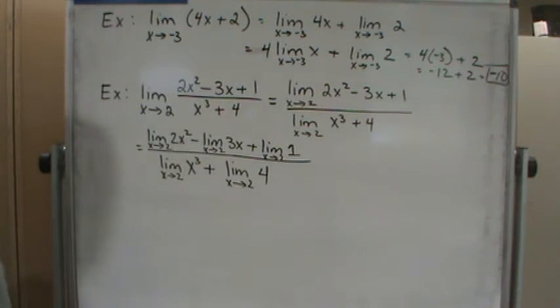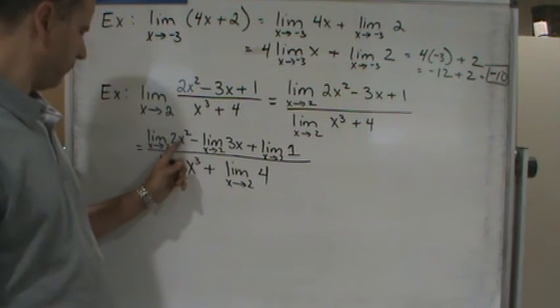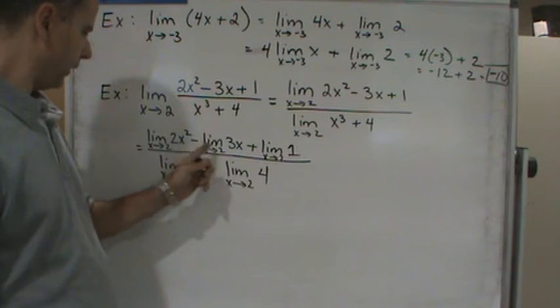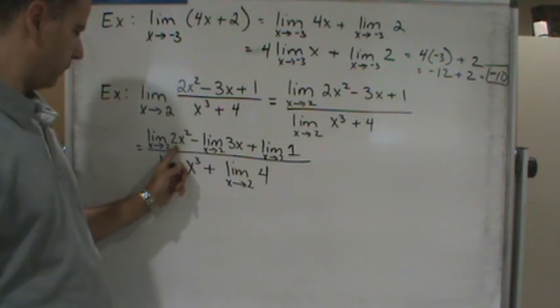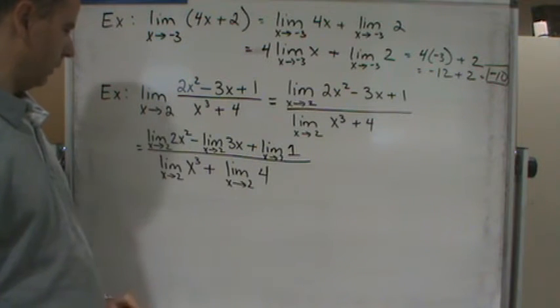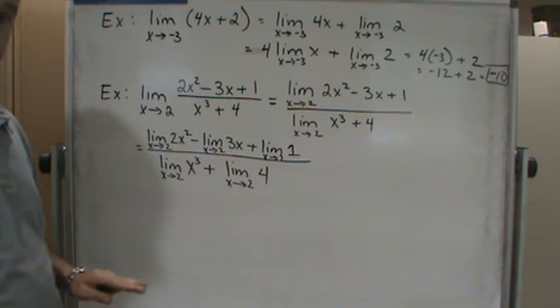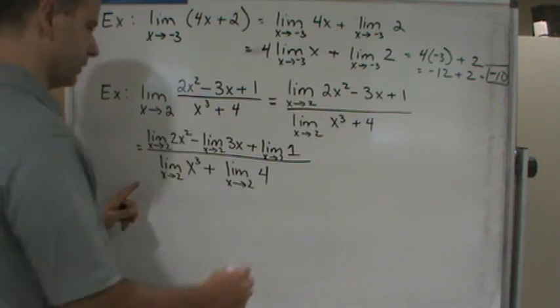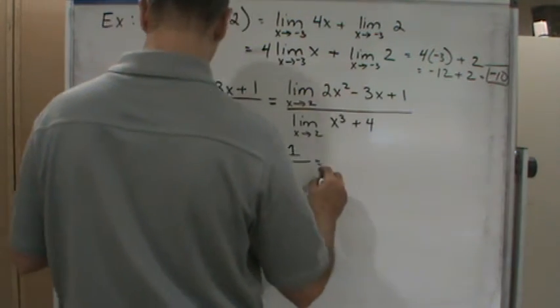Okay, and now I'm going to start using the other laws, right? So we've got the multiplying by a constant law, we've got the power law that we're going to use, and then we'll be finished and we can start evaluating these limits. So let's keep going here.